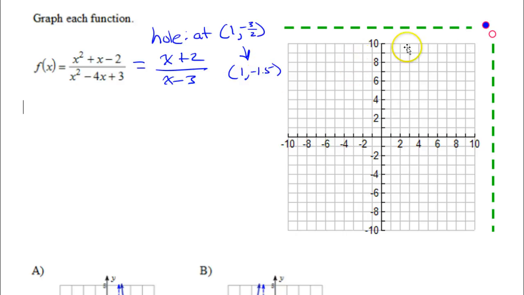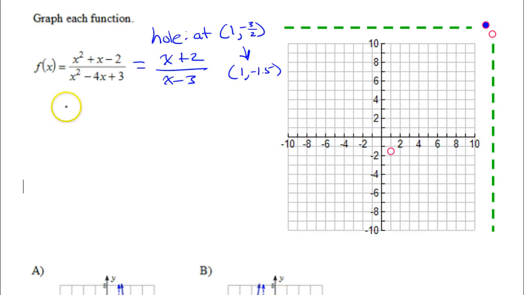So let's go ahead and graph that. I'm going to snag this. Alright, because that looks like a hole. So I have a hole at 1 comma negative 1.5. So that would be right about here. So there's my hole. Now I can go ahead and do the rest of the problem.